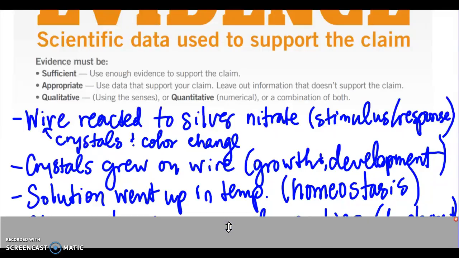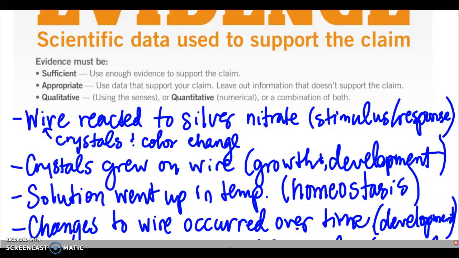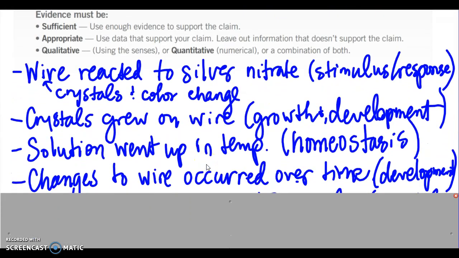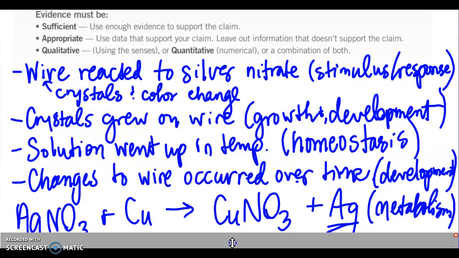So that does show homeostasis in a way, because the solution didn't make extreme temperature spikes. It went up maybe 1 or 2 degrees. Lastly, we had changes that occurred to our wire over time, which shows development, not evolution, because we didn't have enough time in this experiment to indicate evolution.